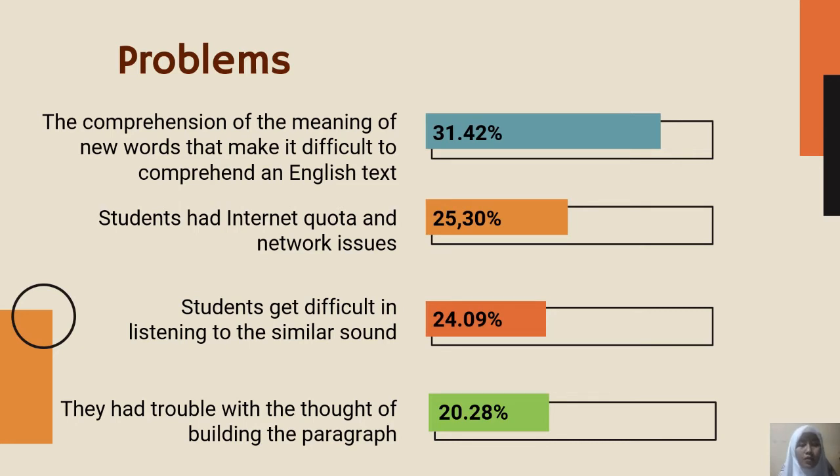Students also find it difficult to listen to similar sounds, so it makes it difficult for students to comprehend the listening section of English learning. Then the last one is that students had trouble building paragraphs. So this is the last problem, in writing.